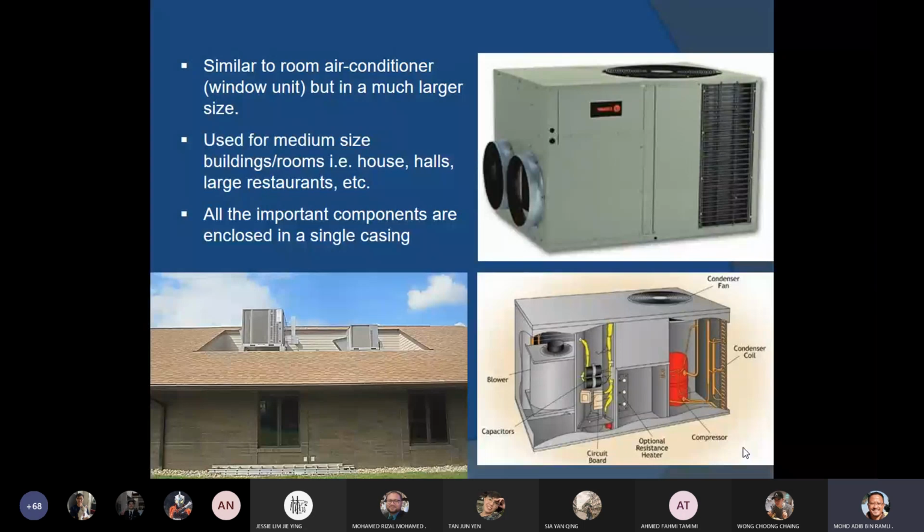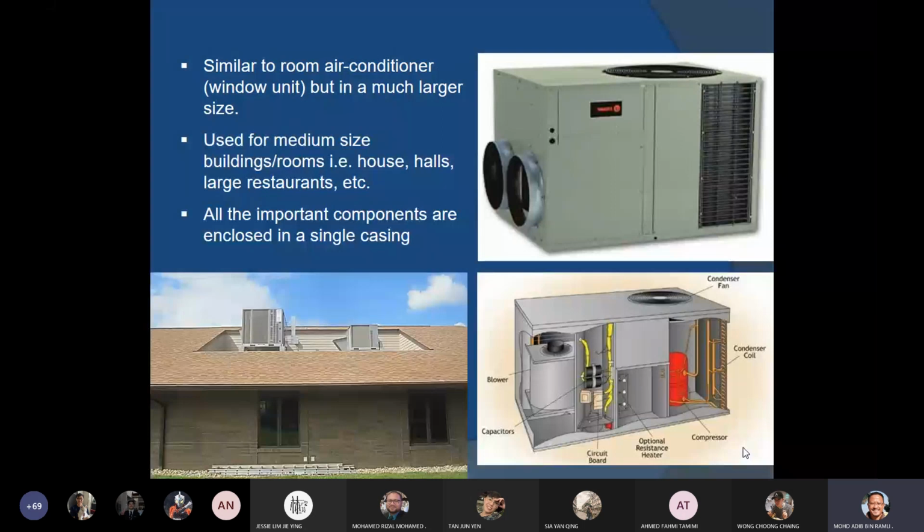So basically, you have two units. But for the room air conditioner, as well as this package air conditioning system, the components are placed in one unit. It's just that the size is different, and maybe the way it distributes the air into the room is slightly different.